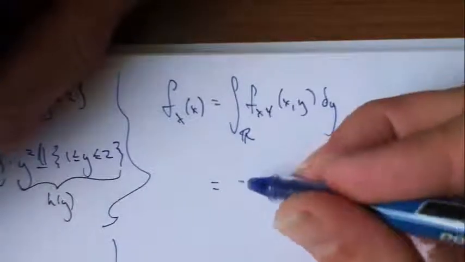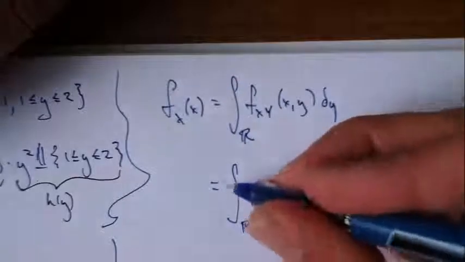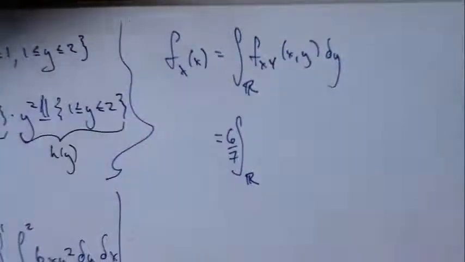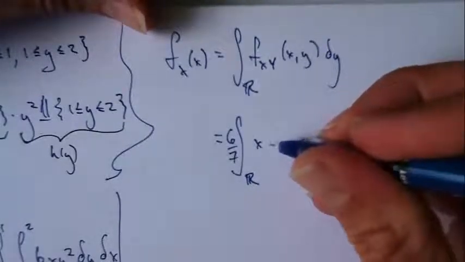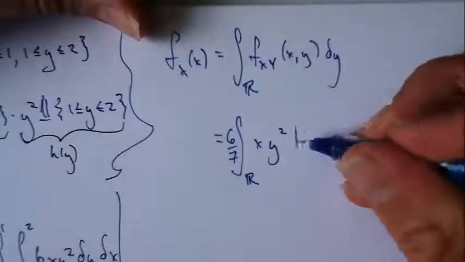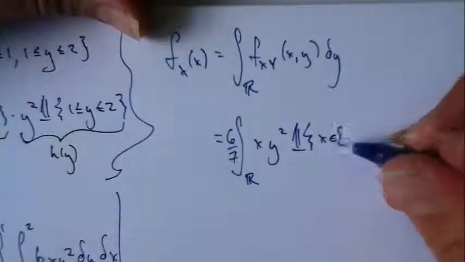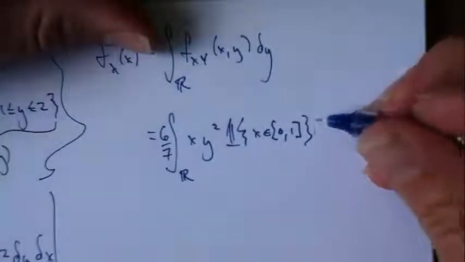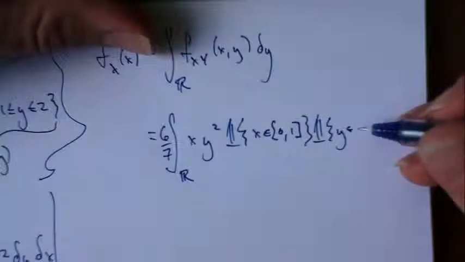Okay, so I'm going to plop in k, which is 6/7. And I have x y squared times the indicator that x is between 0 and 1 times the indicator that y is between 1 and 2.